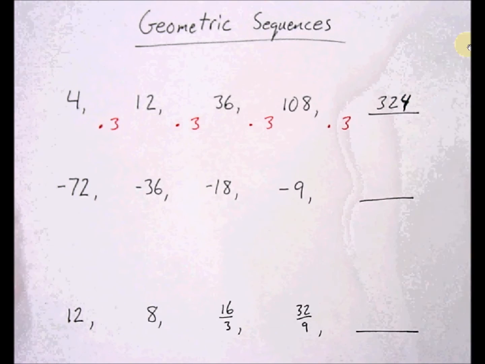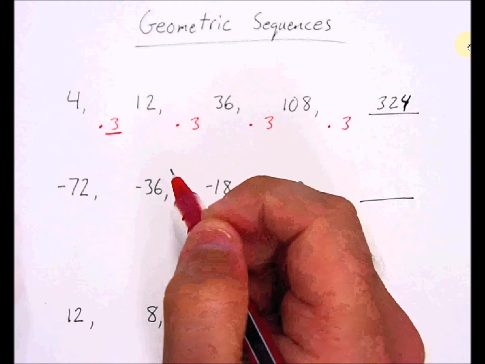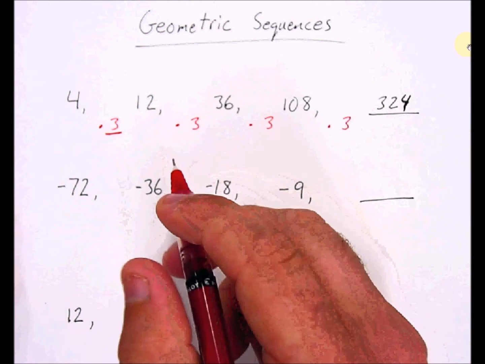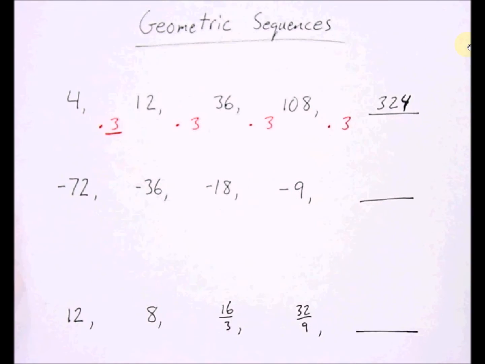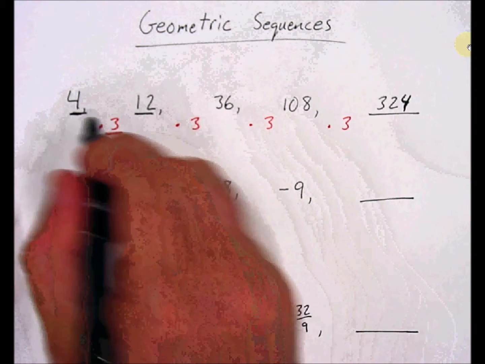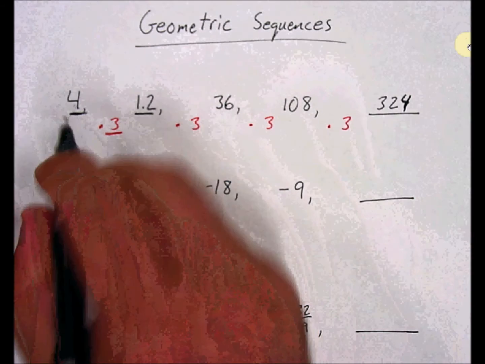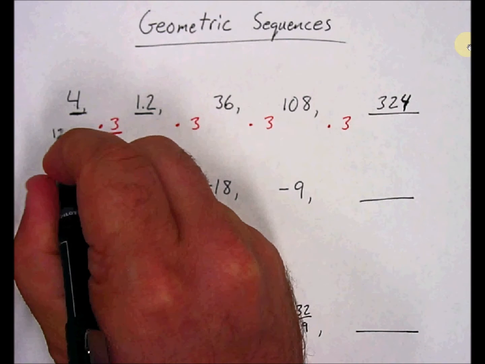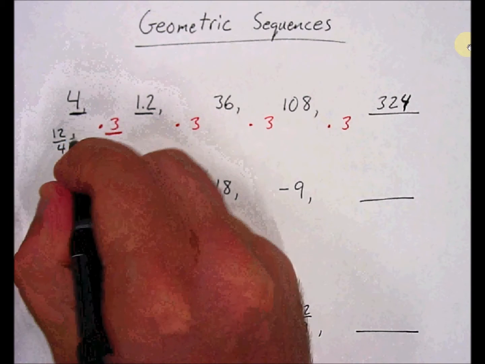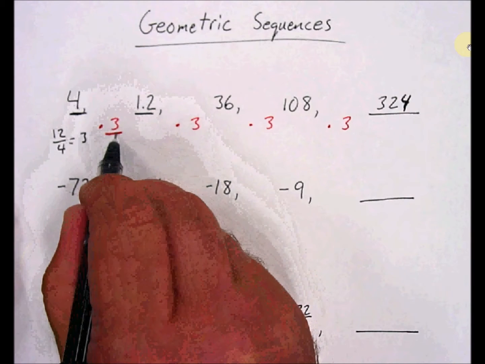Now, this amount that it's changing by, we call a common ratio. And the reason we call it a common ratio is because if I take, for example, these two terms and I make a ratio out of those, like if I say 12 over 4, so 12 divided by 4, well, that's going to simplify down to 3 over 1, which is my common ratio of 3.